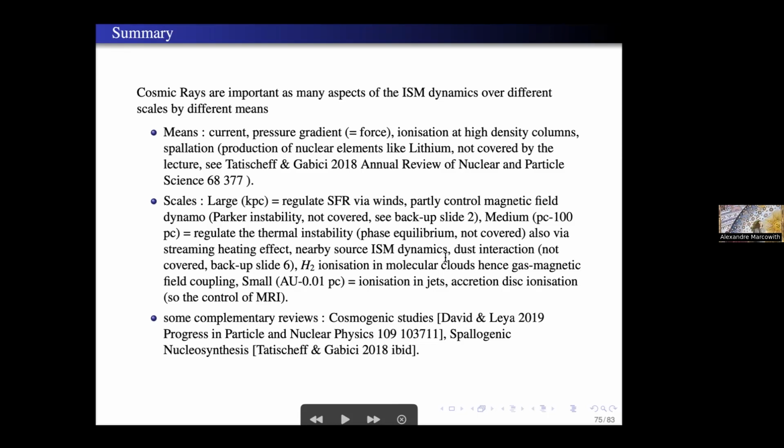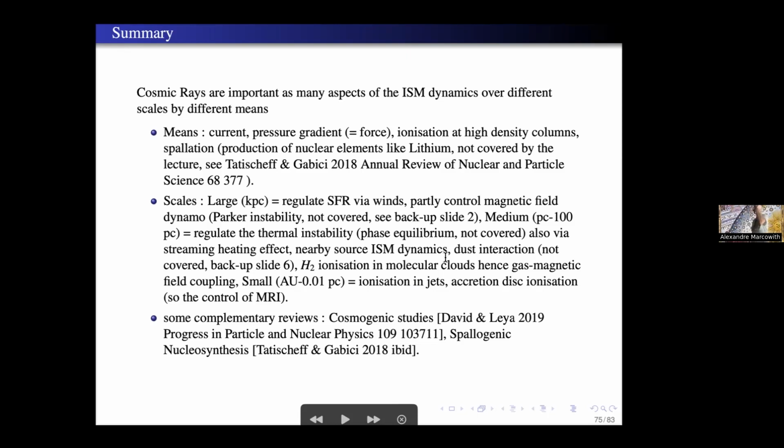Then at small and intermediate scales, the ionization of H2 at large column density is really connected with the cosmic ray physics, because it's very difficult for primary radiation to penetrate at such high column density.